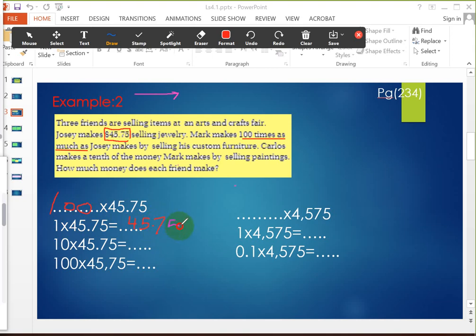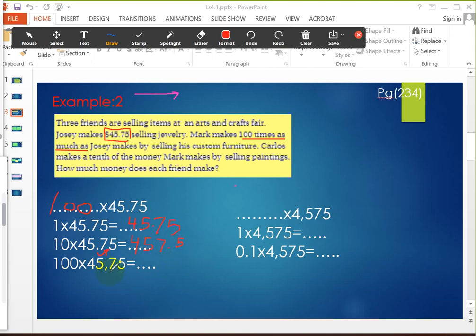Okay? Now when we multiply 10 with any number or with a decimal number, you have to move the decimal point to the right side, number of digits equals number of zeros. That means I have to move the decimal point one digit from here to here. So the number will be 457.5.